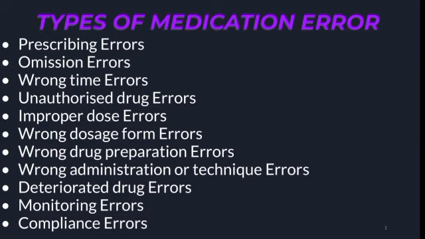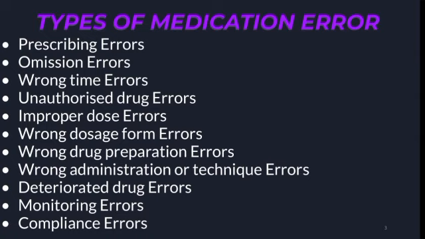For example, one drug, pantoprazole, has to be administered in the morning and night only. The nurse or patient unknowingly takes this medication in the afternoon, not in the morning. They forget and take this dose in the afternoon. It's a wrong time error.